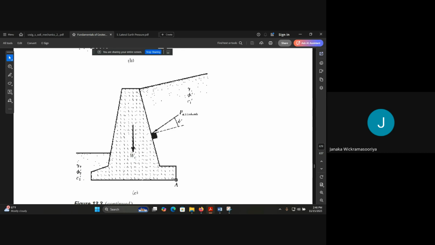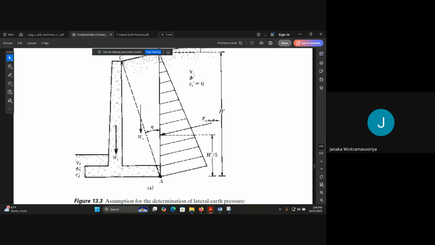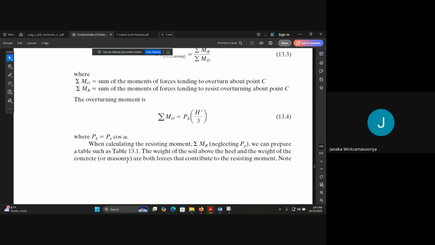Now, if you consider this one, we take the moments around this point. I think that might be there in the next page.